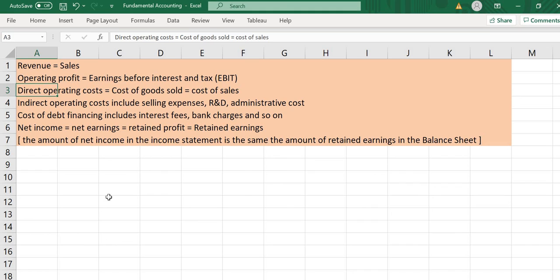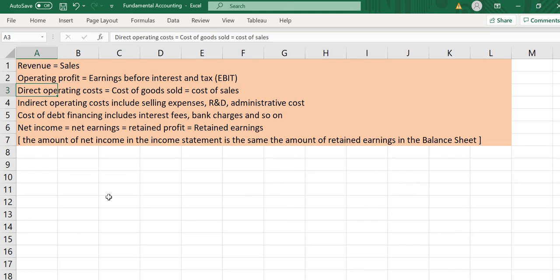Indirect operating costs include R&D, research and development spend, selling spend, administrative costs. That's all about the costs other than the costs that are directly related to the operations of a company.